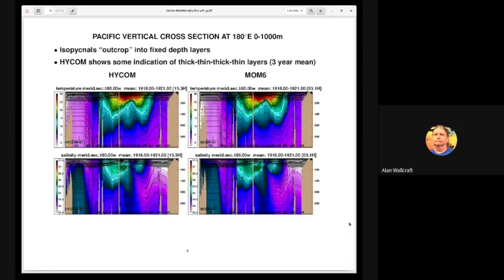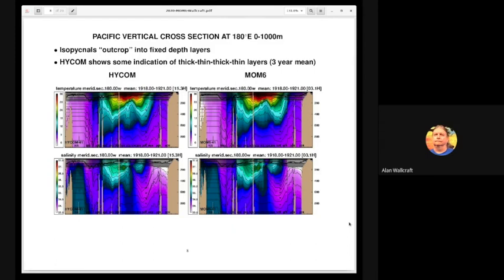And even in mid latitudes, we're deeper than 96 meters when we're always in Z coordinates. One takeaway from this is that, in fact, even though we're using a different approach for target densities, these are very similar looking sections.